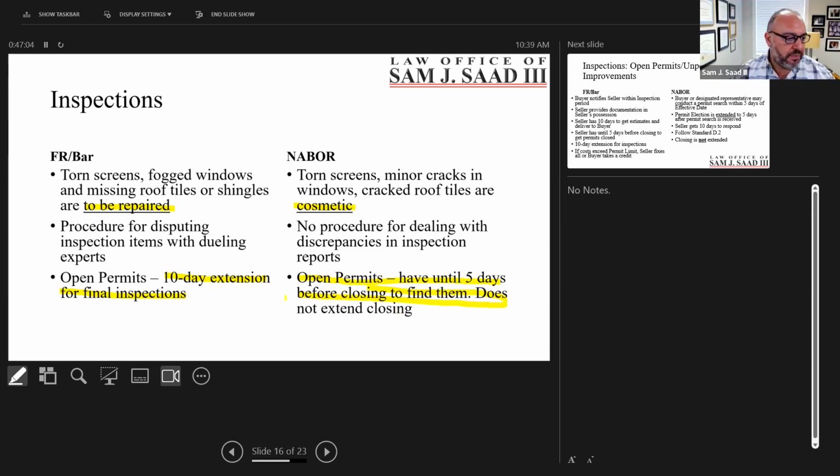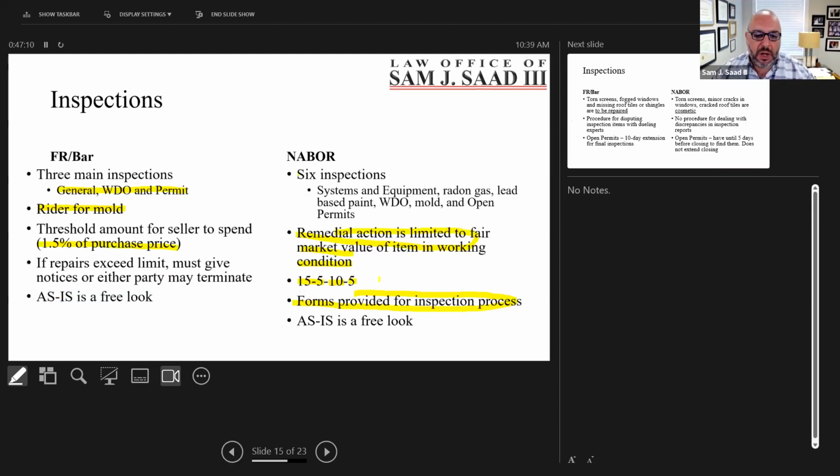And then Kayla, you want to know about the 15-5-10-5 one more time? Sure. So under NABOR's contract, you go through a process where the buyer has 15 days to do inspections, then 5 days to review the reports of the inspectors and get them to the seller.